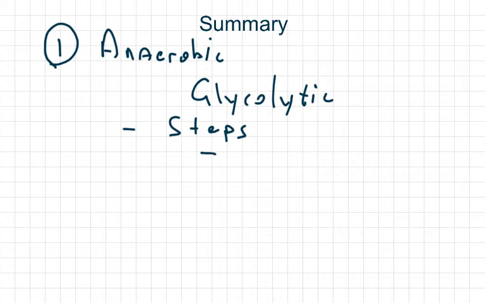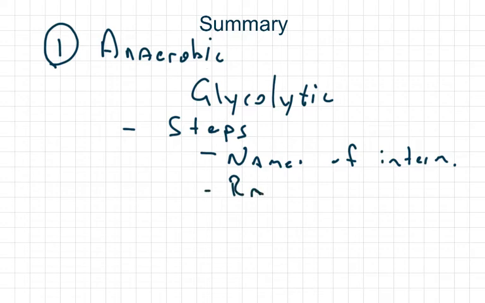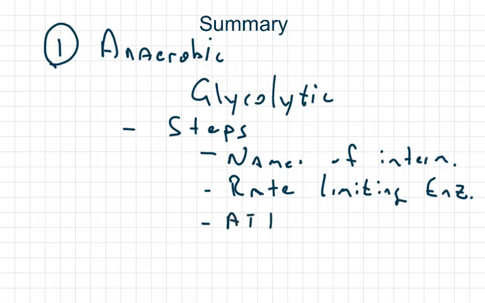This includes the names of the intermediates, the rate-limiting enzymes, and where ATP is created and used.